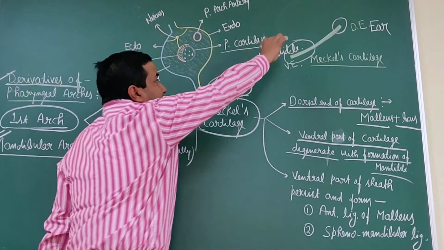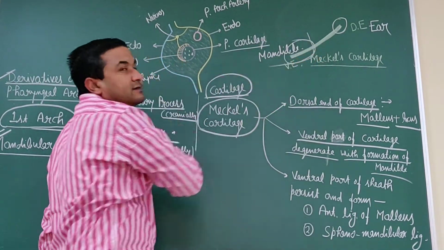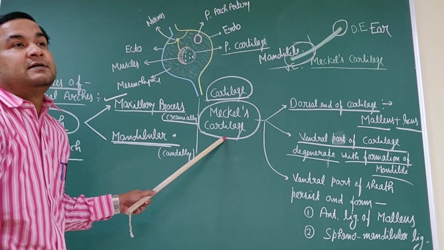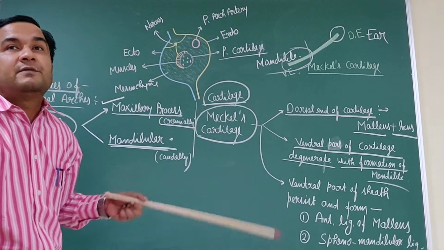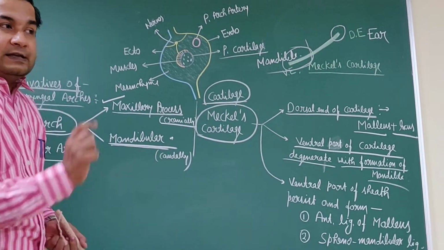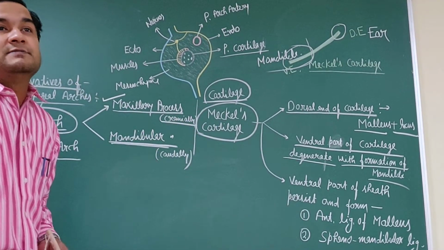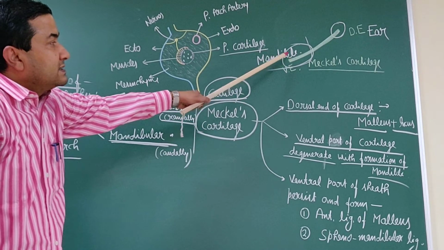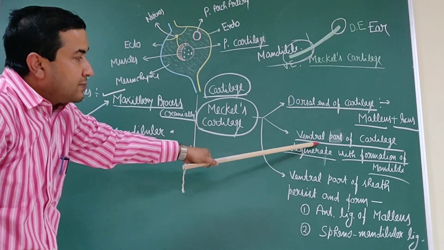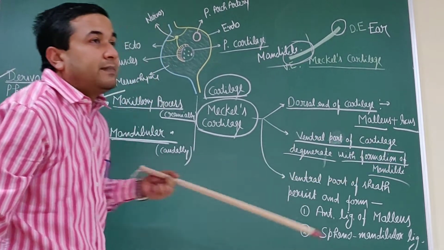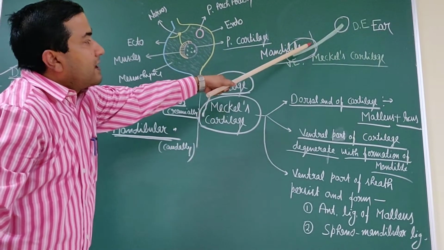In this region, the mandible is formed. This cartilage does not participate in the formation of the mandible. It only gives position to the mandible. The mandible is closely formed next to this cartilage. So this ventral part disappears.